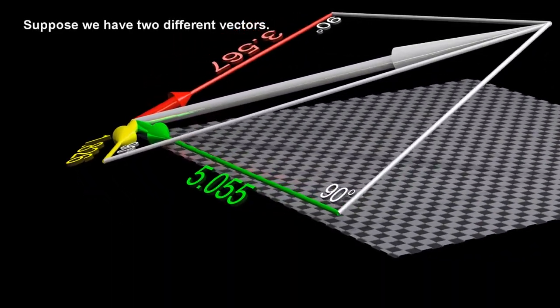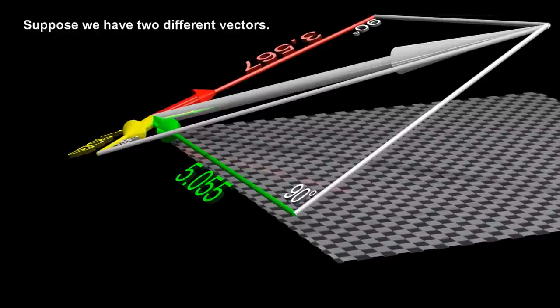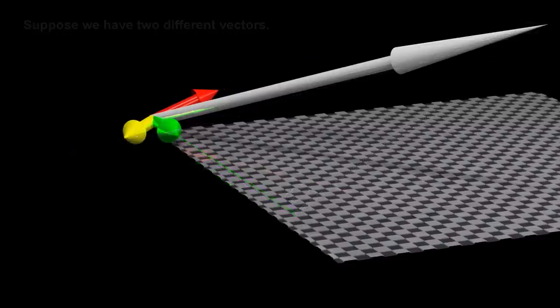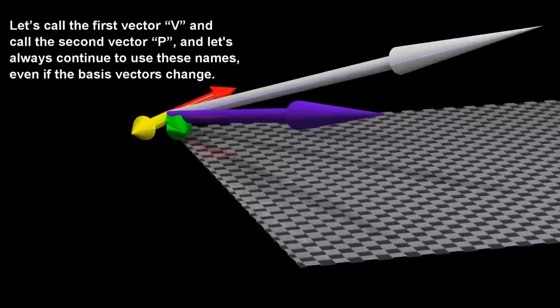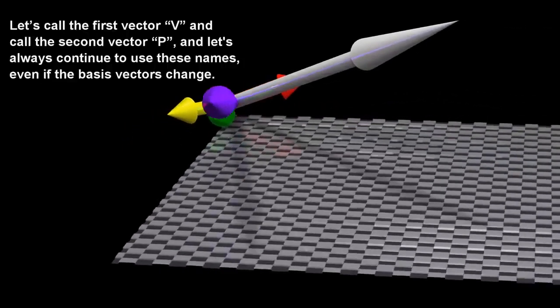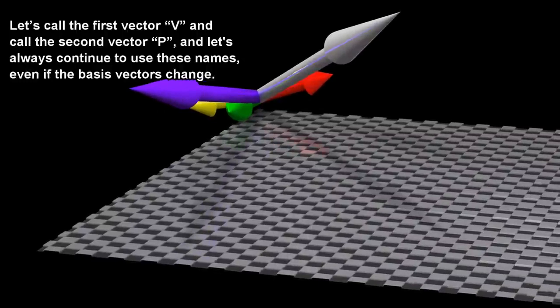Suppose we have 2 different vectors. Let's call the first vector v and the second vector p, and let's always continue to use these names even if the basis vectors change.